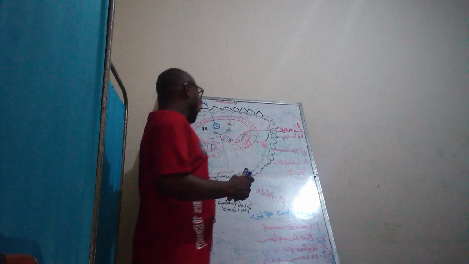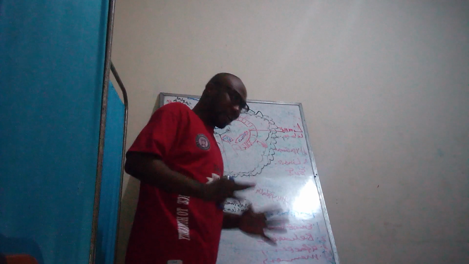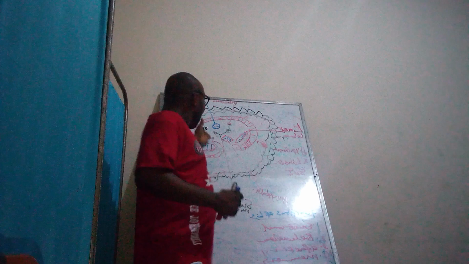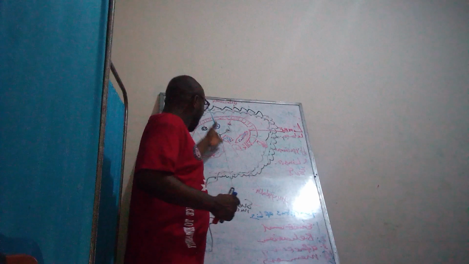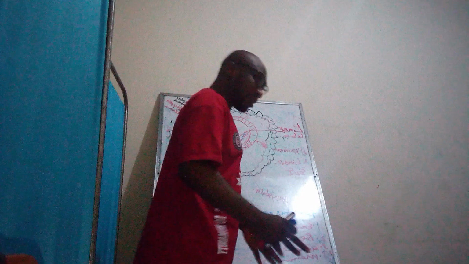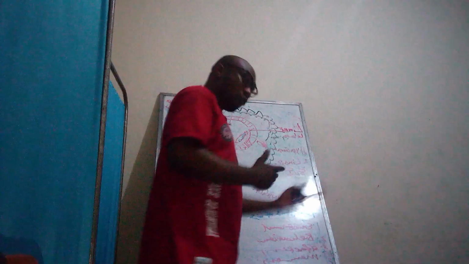The posterior aspect of the hypothalamus helps in the secretion of oxytocin or adrenaline directly. Sometimes also the mammillary body supplies the pituitary gland directly, which helps in the production of some of the tropic hormones.